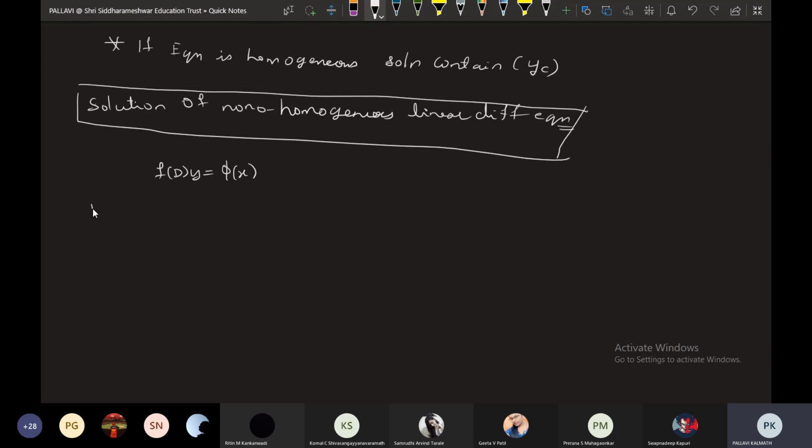So then we write, let y equals yp of x be a particular solution of equation 1, if I number this as equation 1.